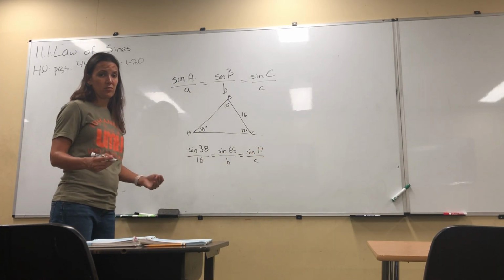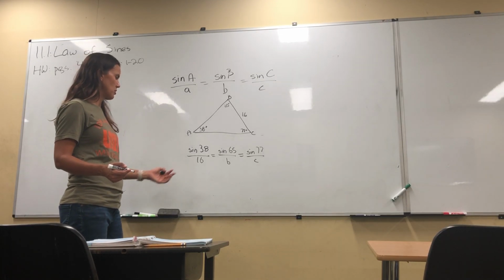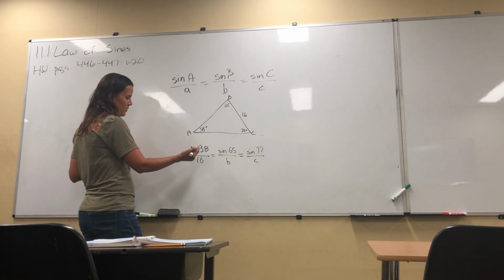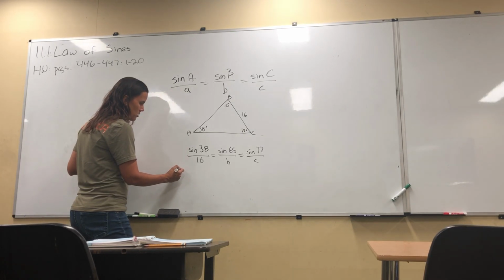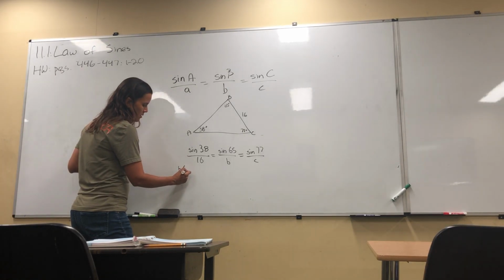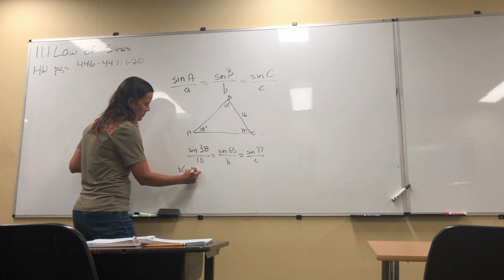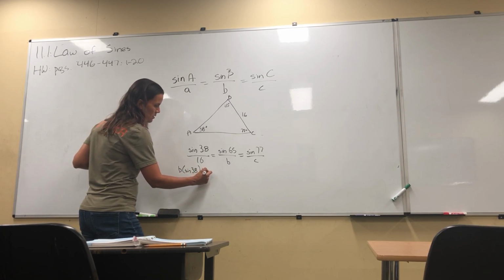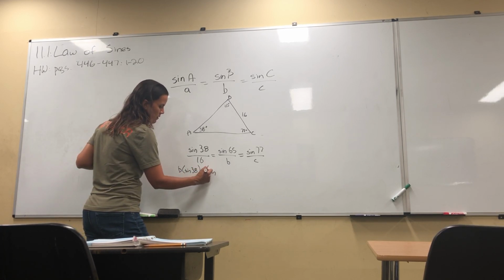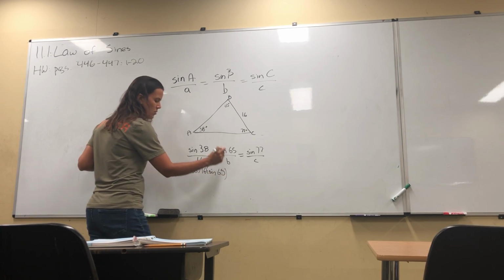Now I'm going to solve those separately, but we have all the numbers. The easiest way to do it is b sine of 38 equals 16 times sine of 65, and then we'll do the other one.